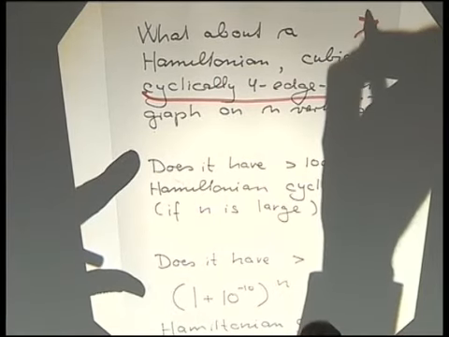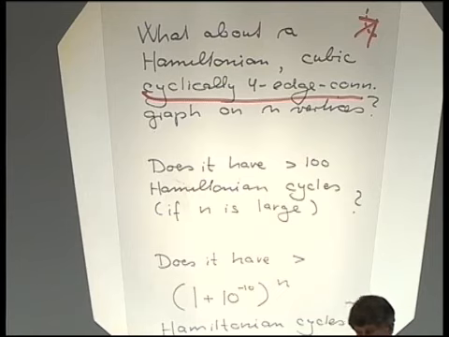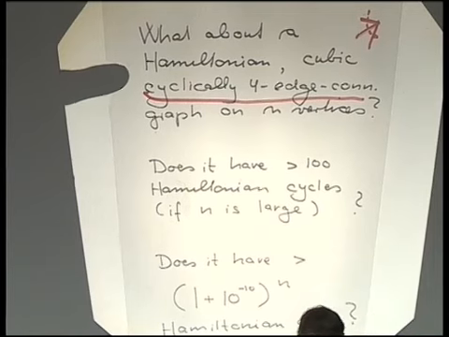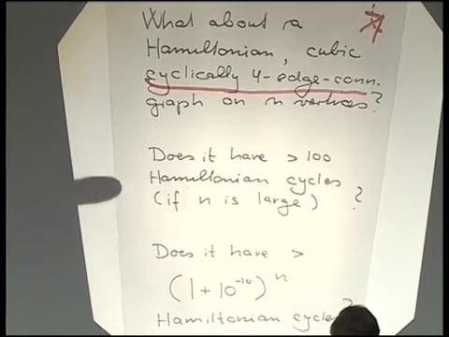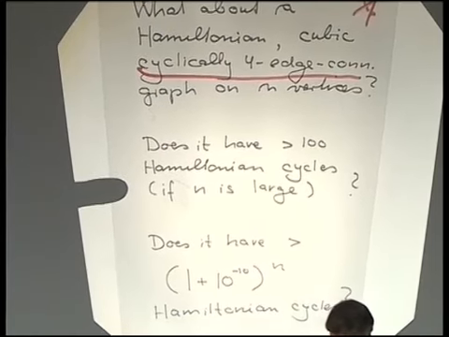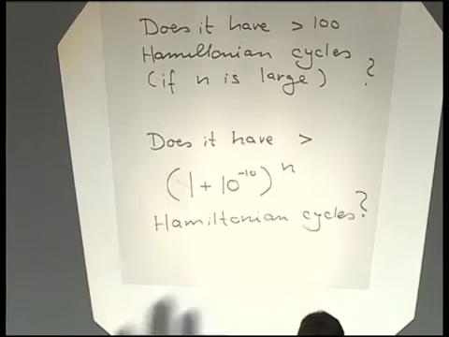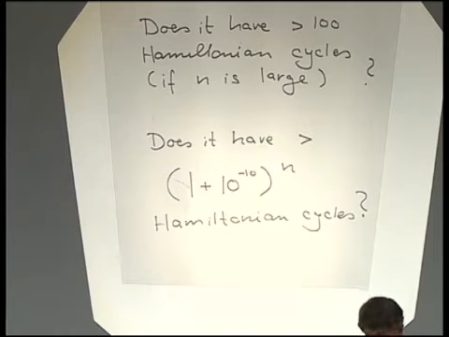If that's the only way you can make it disconnected by deleting 3 edges, we call it cyclically 4-edge connected. Does such a graph have at least 100 Hamiltonian cycles if it has 1? And if the answer is yes, you can go even further. Does it have exponentially many Hamiltonian cycles? We don't know.